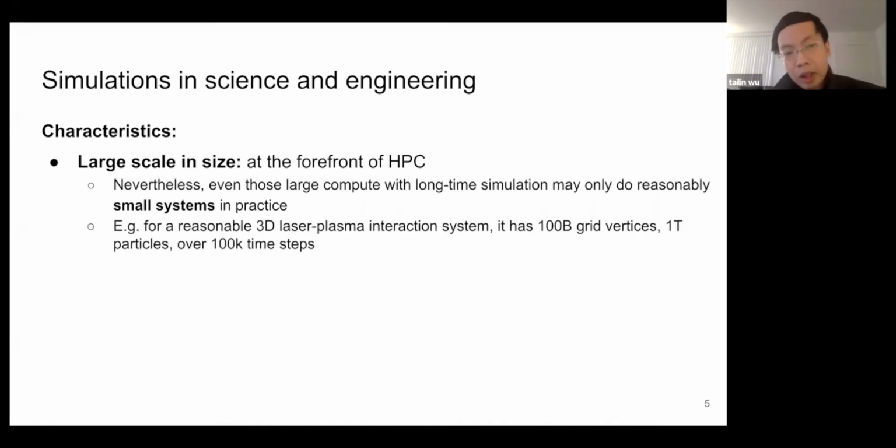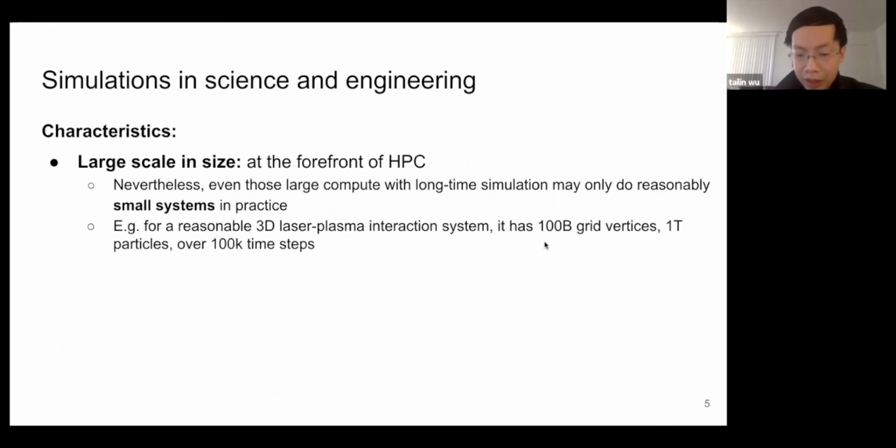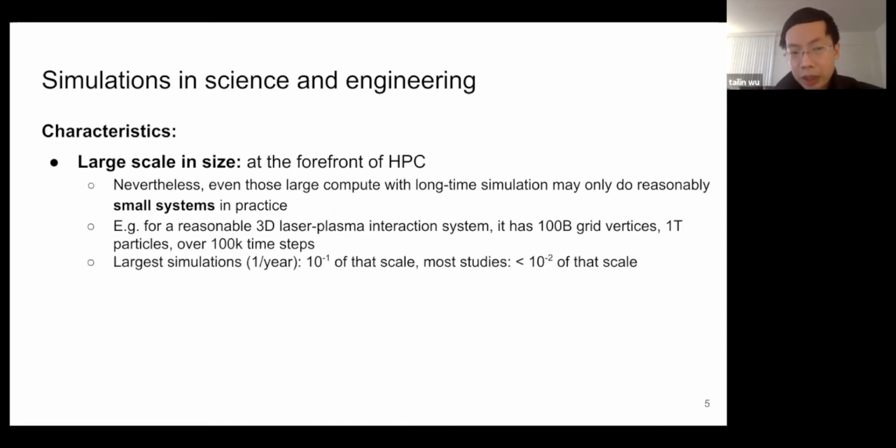For example, a reasonable 3D laser plasma interaction system usually will have like 100 billion grid vertices and 1 trillion particles, and we need to simulate them over 100,000 time steps. Even the largest simulation can only simulate 10% of that scale, and usually 1% of that scale.